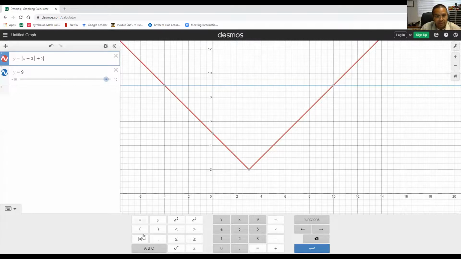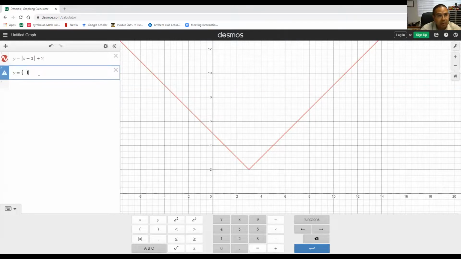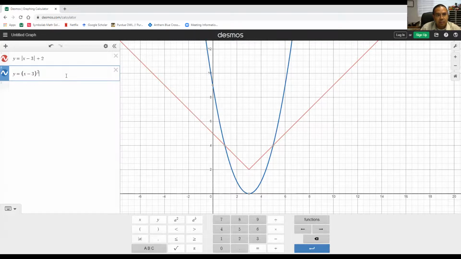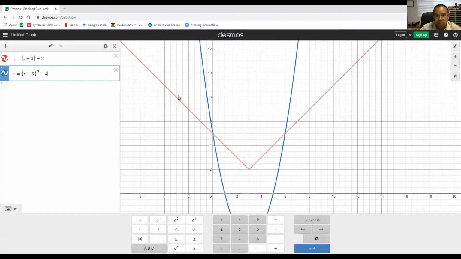So hopefully you found it. And then the squared is also down there. Desmos is very handy if you don't have a graphing calculator.